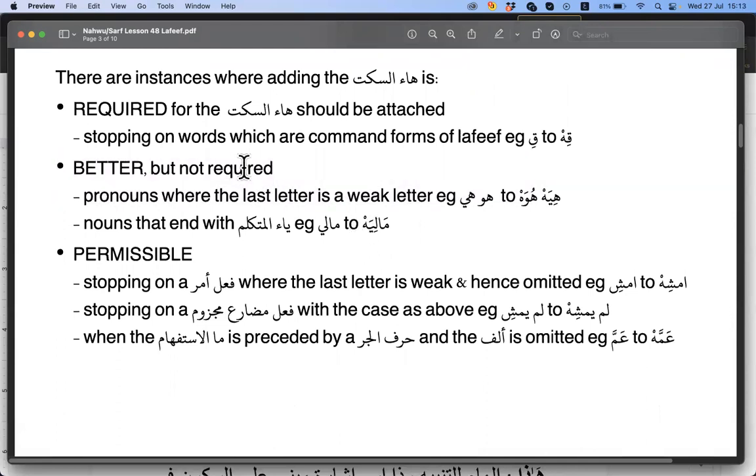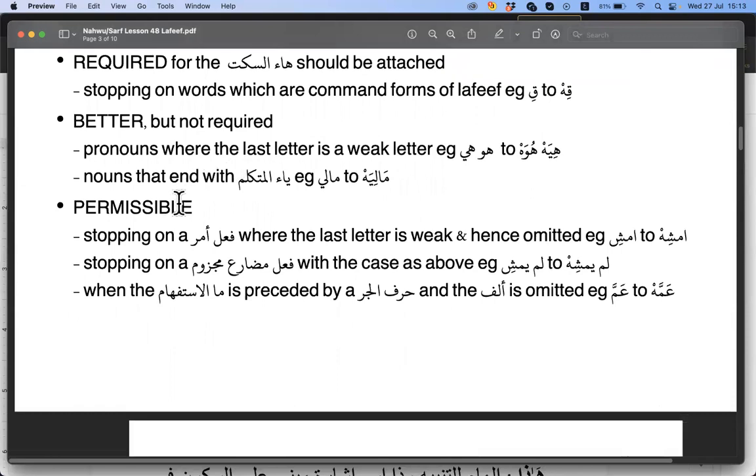Then lastly, it is permissible when stopping on a fi'il amr where the last letter is weak and hence omitted. So we are talking about lafif, we are talking about nakis, right? When we do fi'il amr, we will drop the root, the weak letter, the ya or the waw, the root letter, right? So this is from the word masha yamshi, which is to walk.